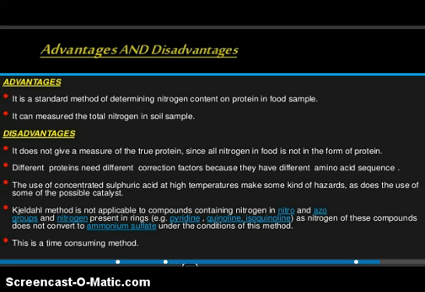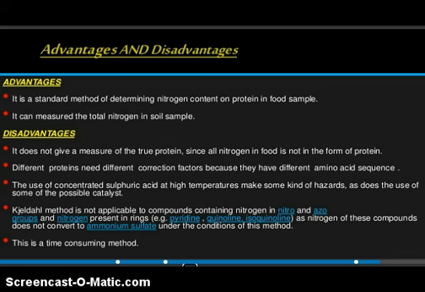Disadvantages: it does not give a measure of the true protein, since not all nitrogen in food is in the form of protein. Different proteins need different correction factors because they have different amino acid sequences.